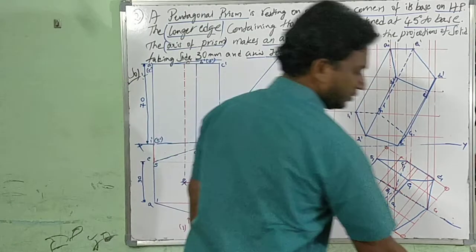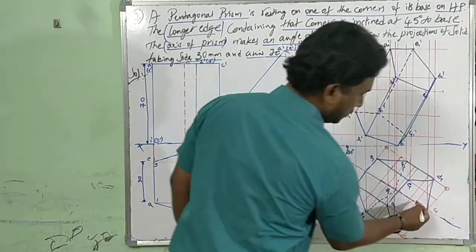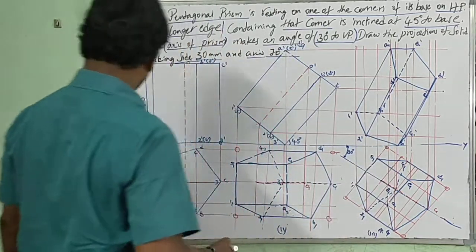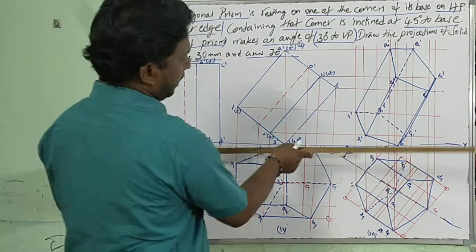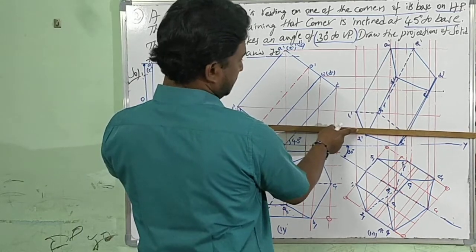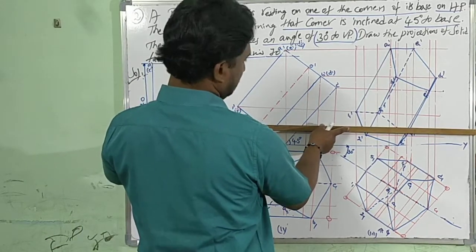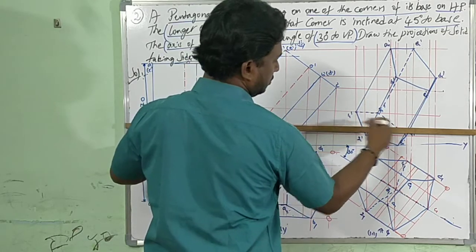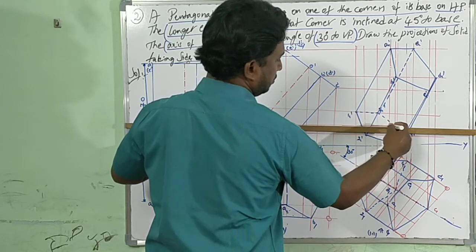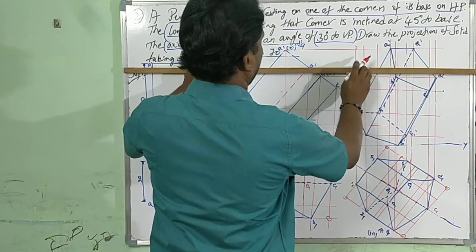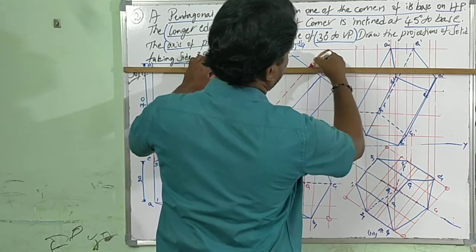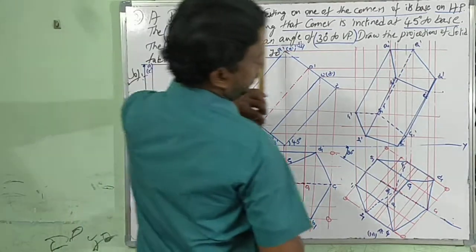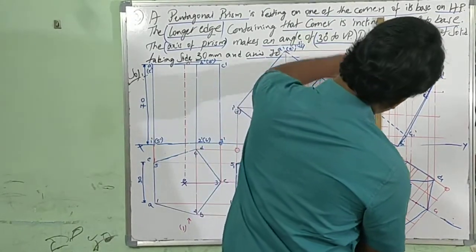Finally, the axis line. Axis line, I can see here this point for the bottom. For the bottom, I have to draw from the second stage front view, O dash, to the third stage top view.